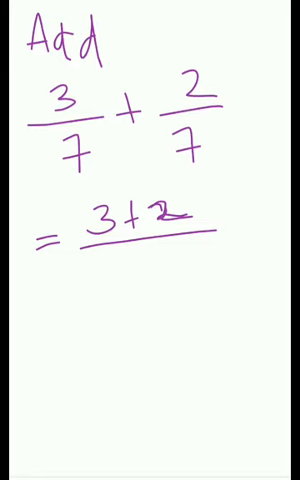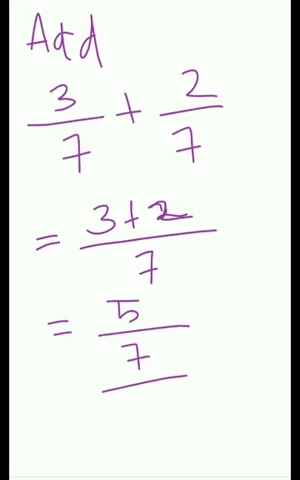Here the denominator is 7. Now 3 plus 2 is 5, divided by 7. So this is how we add two like fractions. We add the numerators and we write the common denominator as the denominator of the resultant fraction.